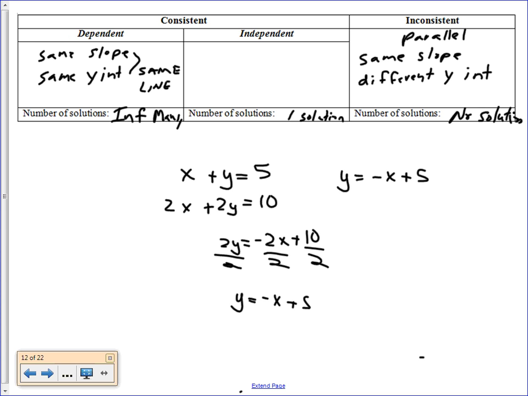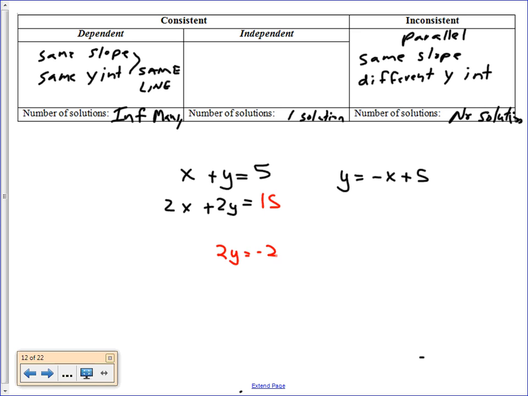When they have different y-intercepts, the lines go from being on top of each other to parallel. Again, I'm just making something up here. I'm going to use the same example, but this time instead of making that a 5, I'm going to make it something like 15. So now when I solve this second equation for y, watch what happens.